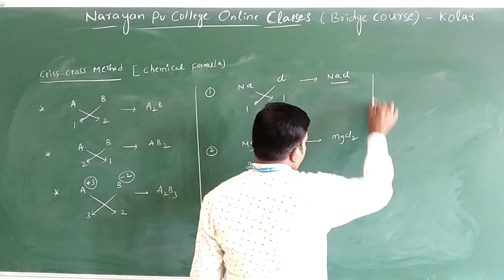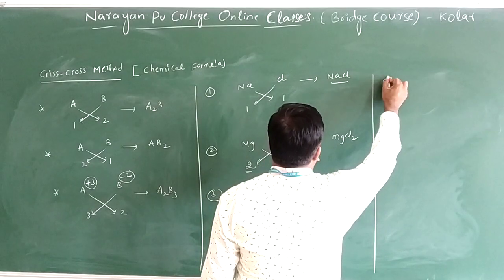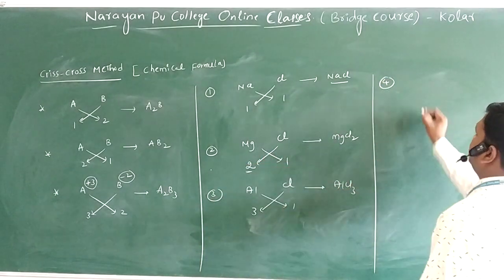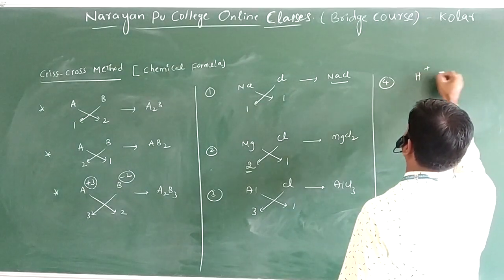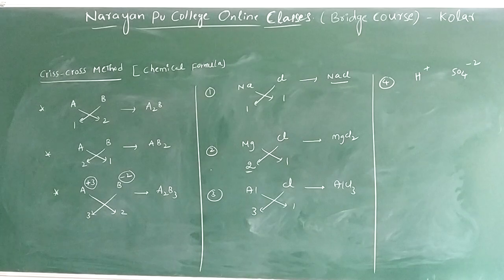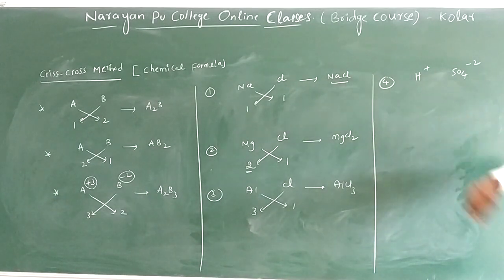If the charges are given like this, suppose the charges are given like this. I am writing here H plus and SO4 2 minus. H plus is the hydrogen ion, and SO4 minus 2 is the sulfate ion. Plus means the charge is plus 1.